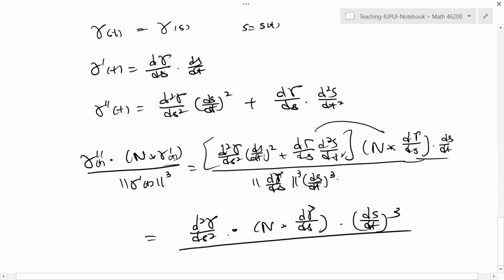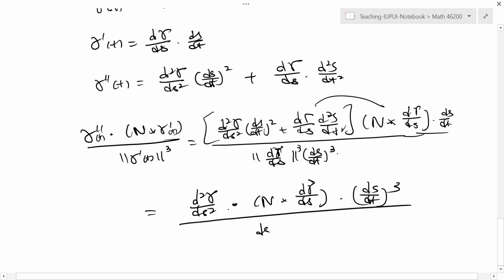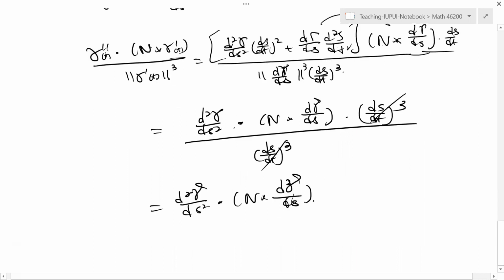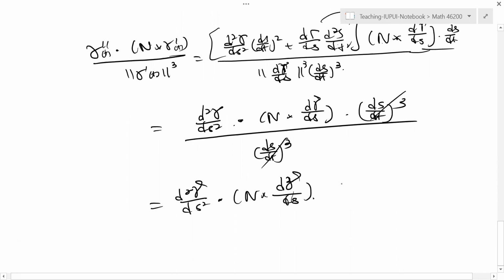And the denominator also has ds dt cubed, so that cancels out. That's why I get d squared gamma ds squared dot n. So that is the original definition of the geodesic curvature at point s, but you can compute it using this more general formula.